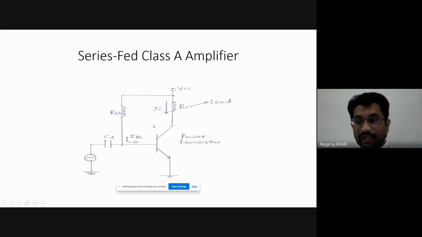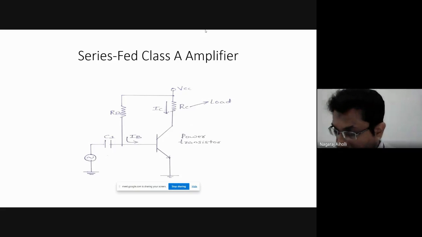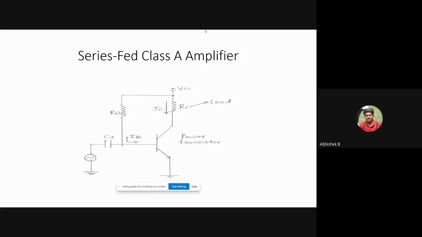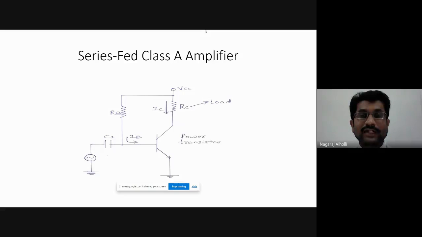Any difficulty here, students? Any difficulty here? Srishal? Abhishek? Yes, sir. Any difficulty, Abhishek? Followed today's class? Yes, sir. Any problem in understanding?